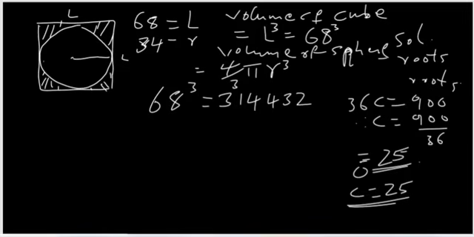Now, what of the sphere? For the sphere, we have 4/3 times 22/7 times 34 cubed. So just do 34 cubed first, then multiply it by 22, then multiply it by 4.